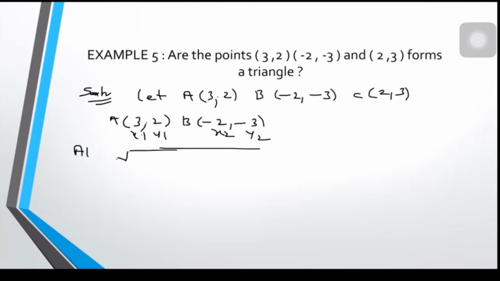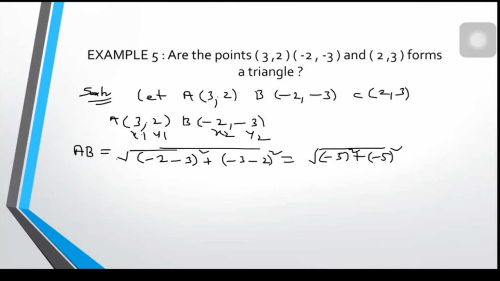AB distance: (x2 minus x1) is (minus 2 minus 3) whole square plus (y2 minus y1), (minus 3 minus 2) whole square, which is (minus 5) whole square plus (minus 5) whole square, equal to root of 25 plus 25, root 50. AB is root 50.